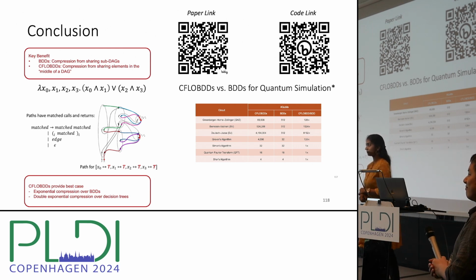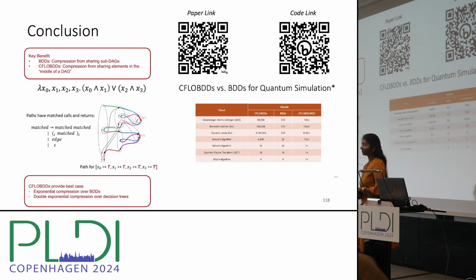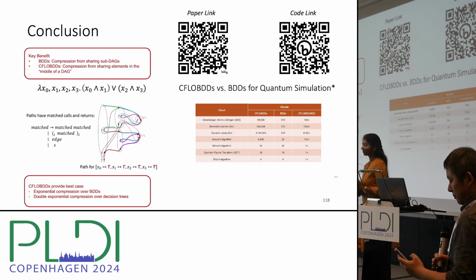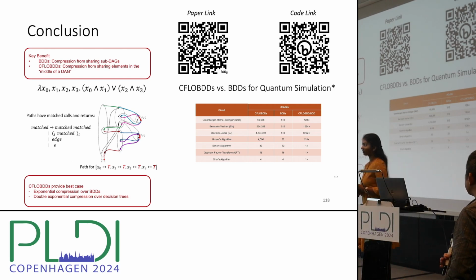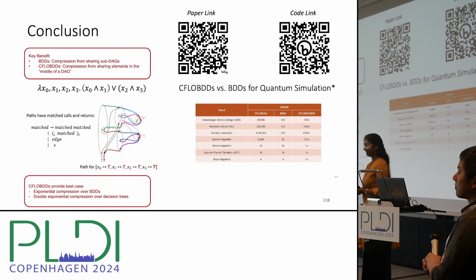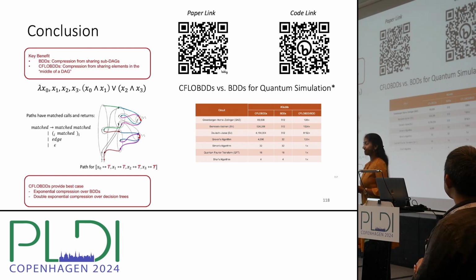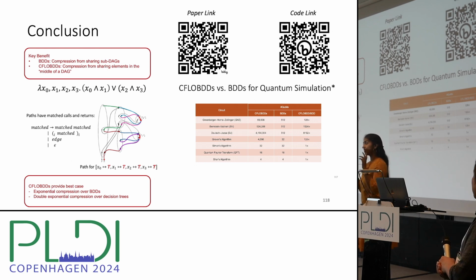Hi, thanks for the talk. I have two questions. The first one regards whether you did some benchmarks on standard BDD problems, like hardware verification or these kinds of things? Yes, we did that initially. CFLOBDDs did not scale as well as BDDs because of the extra structural invariants that had to be placed on CFLOBDDs to make them canonical.